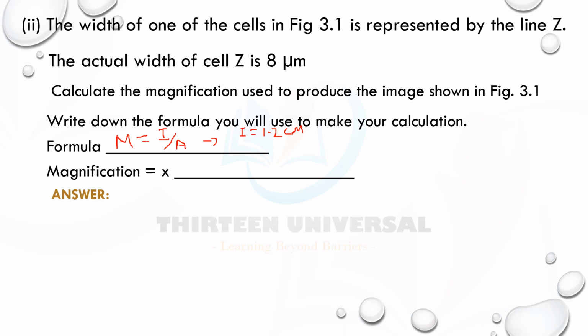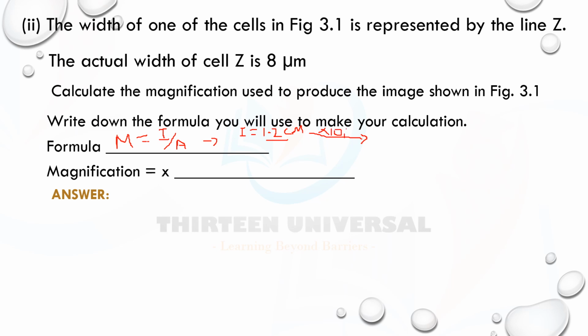But you see, we work with micrometers. Micrometer is the basic unit we use to work, especially when dealing with a cell. So how do you convert 1.2 centimeters to micrometers? So what is the conversion factor, guys? The conversion factor, of course, is 10,000, right?